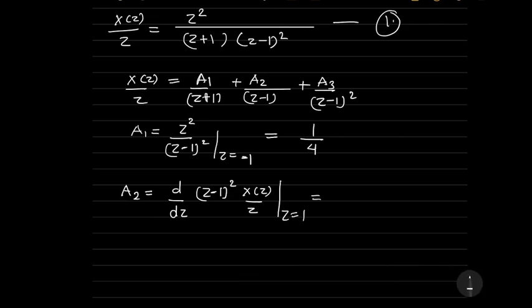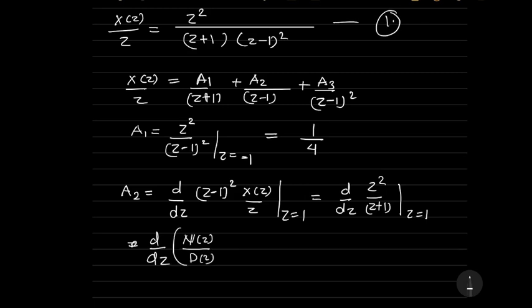So differentiate z square upon (z plus 1) and substitute z equals 1. How will we differentiate? Suppose this is the numerator and this is the denominator, and we have to differentiate this.